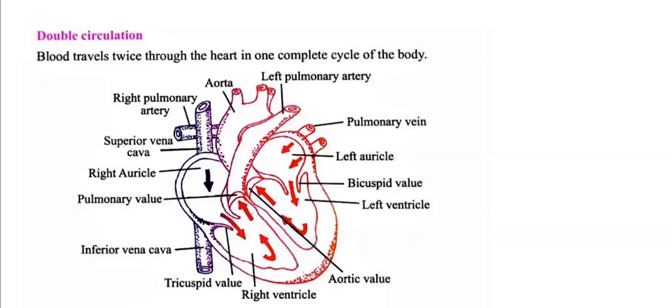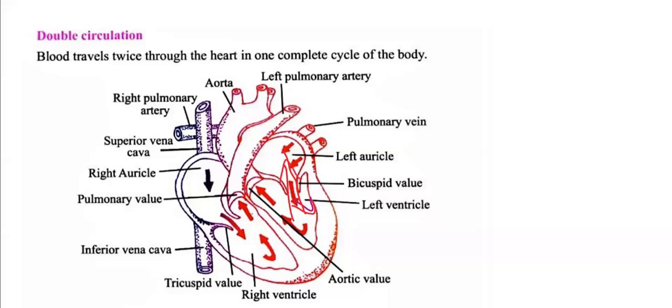Further, as you know, when the blood is pumped, the chambers contract and relax. So when this contracts, the blood enters into this side, and similarly when the auricle contracts, it enters into the ventricle. Now, the blood is moving in this direction.